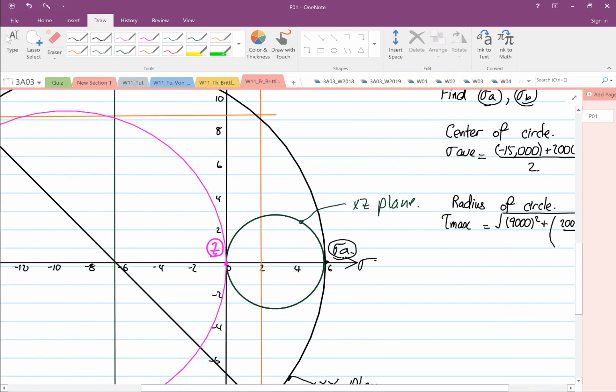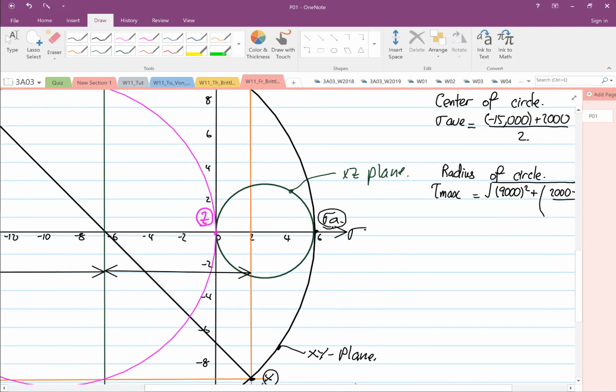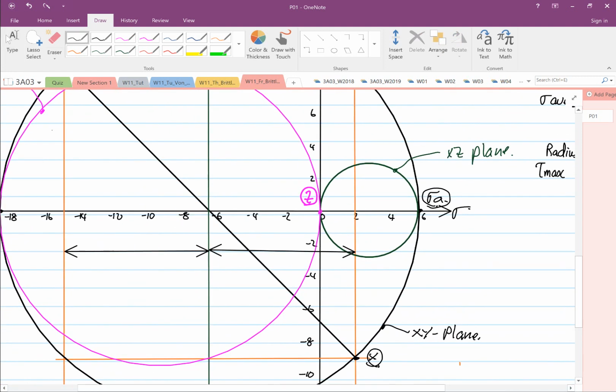Where you see this minus 15,000 is what we have for the distance from here to here. Or you can call it 2,000 minus 15,000 divided by 2, right?